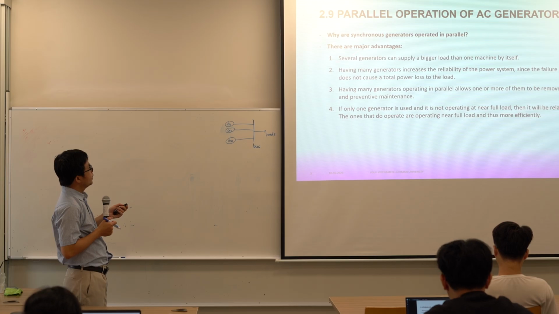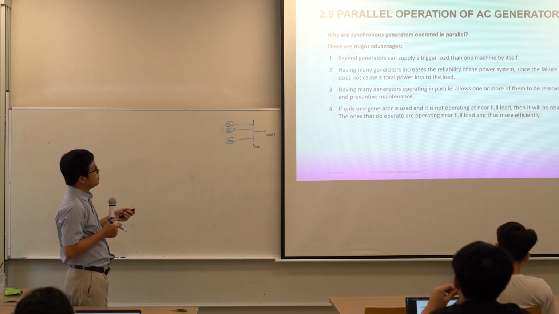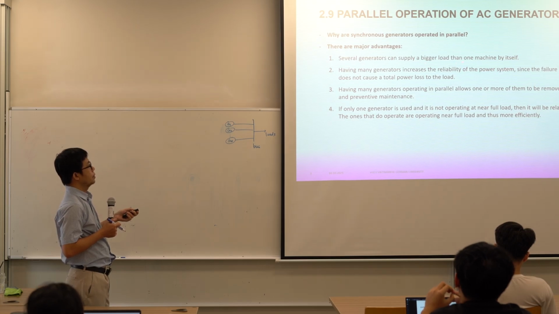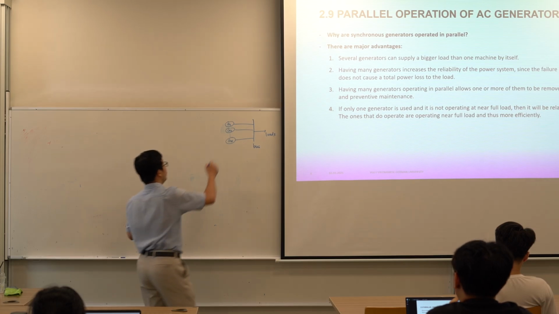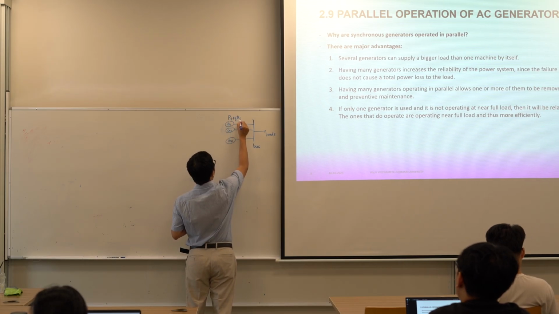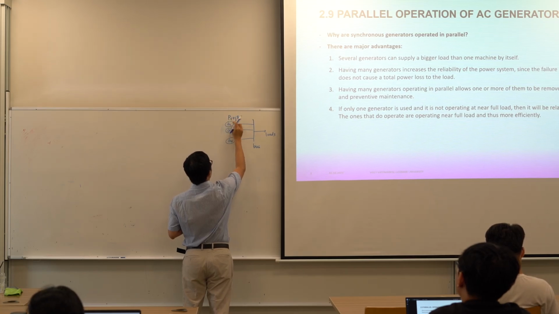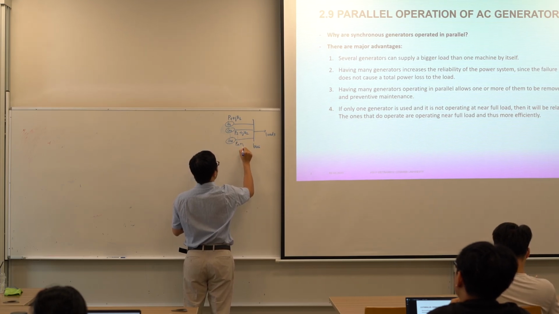Look, there are many advantages. Several generators can supply a bigger load than one machine by itself. For example, here we have P1 plus jQ1, the active power and reactive power from generator 1, then P2 plus jQ2, up to Pn plus jQn.